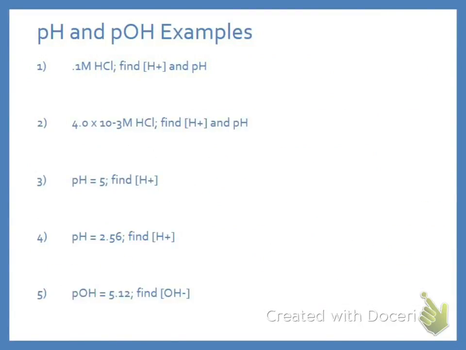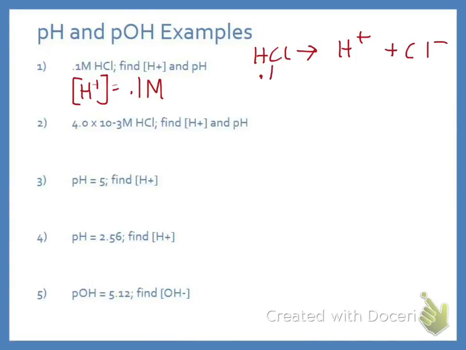Okay? So I'm going to do a couple of these. If I was to want to calculate the pH for this first one, I have 0.1 molar HCl. Well, my hydrogen concentration is going to be 0.1 molar. And that's because when that HCl breaks apart, HCl would break apart to form a H plus and a Cl minus.